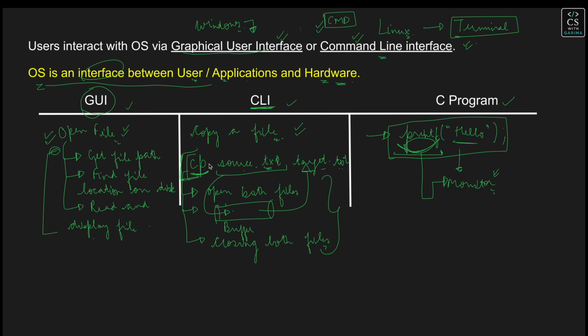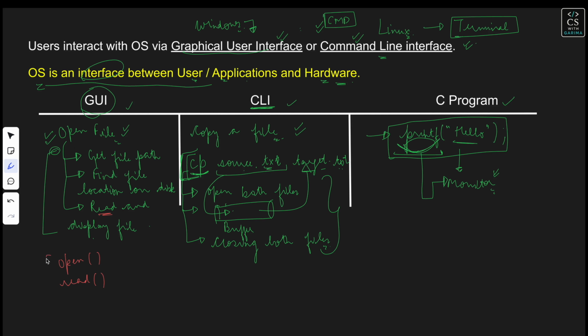Let's go back and analyze what kind of system calls would be required in each of these scenarios. To open a file, the system call, like I said, is called open. This takes the path of the file. The next system call involved is to read the file.